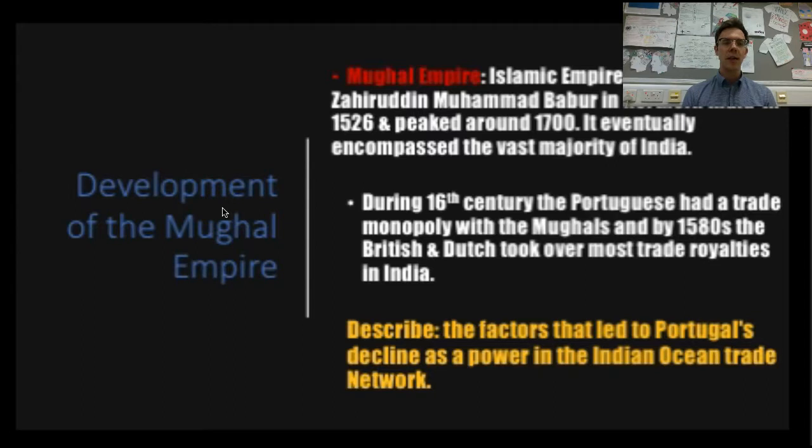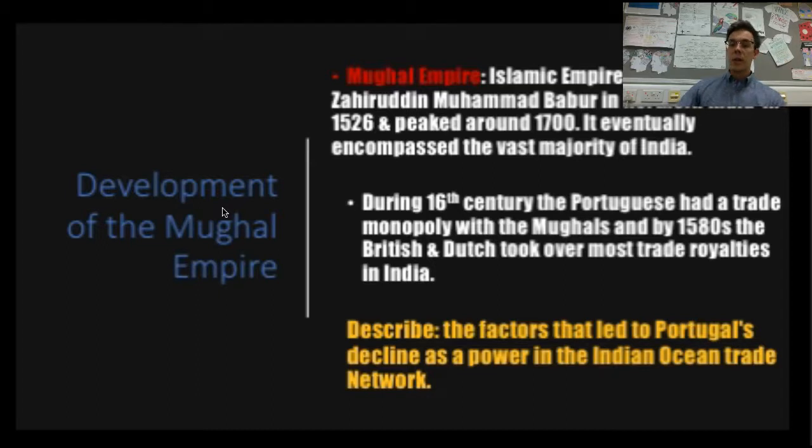Okay, this is going to be our last slide for today. So we're looking at the development of the Mughal Empire and the decline of the Portuguese influence in this region of the world. Eventually, around 1526, the Mughal Empire begins to extend its influence in India and becomes the actual empire over that subcontinent.